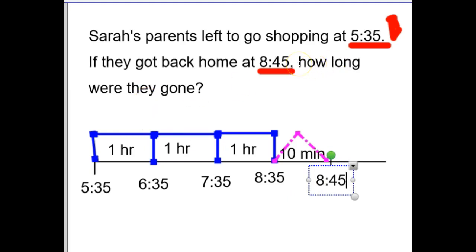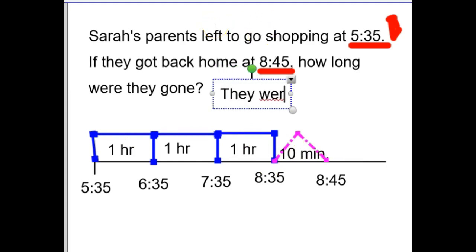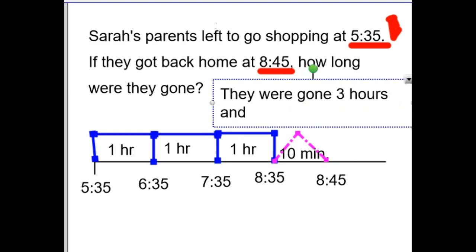So I have not answered the question because it asked how long they were gone. In order to find out how long they were gone, I need to figure out all of this elapsed time together. So I'm just counting 1 hour, 2 hours, 3 hours, and 10 minutes. So the answer would be they were gone 3 hours and 10 minutes.